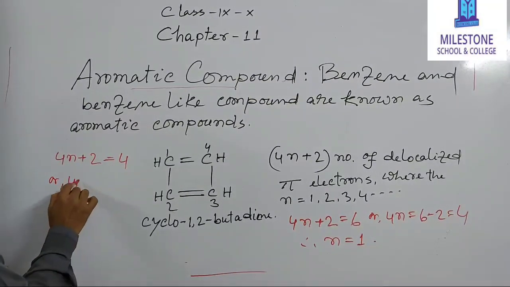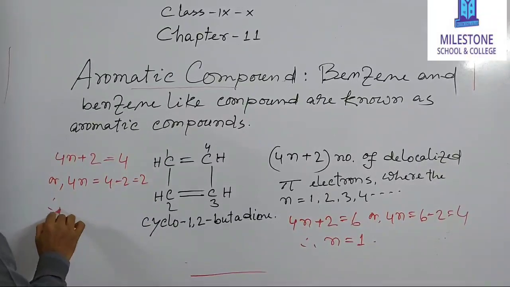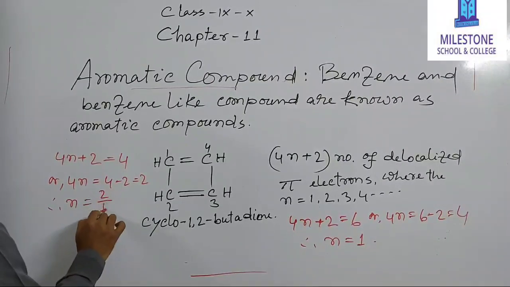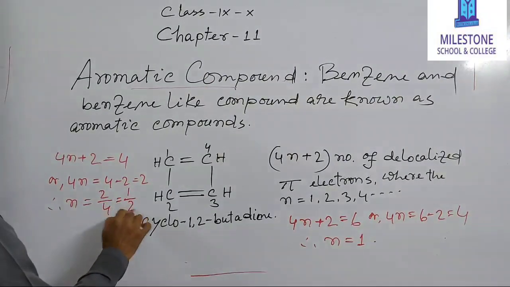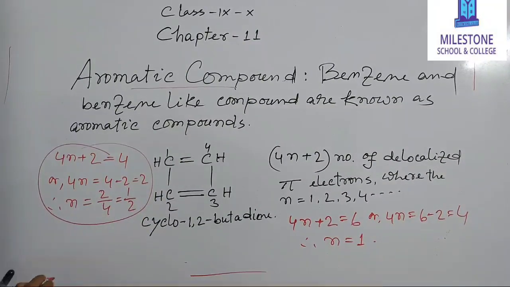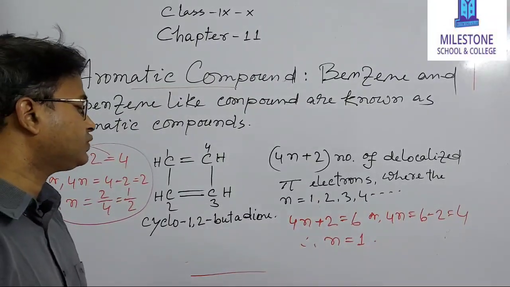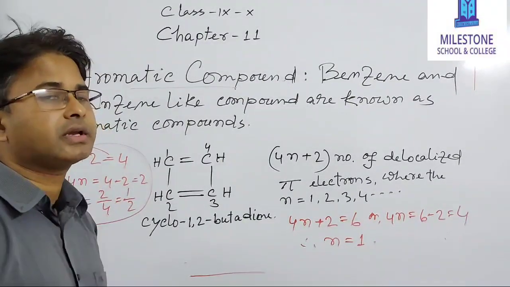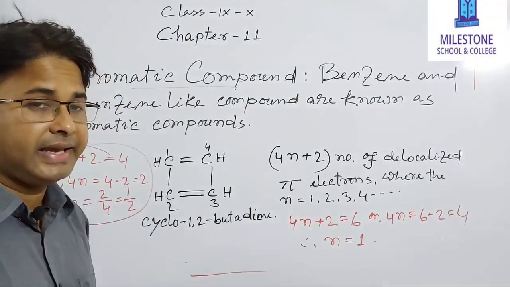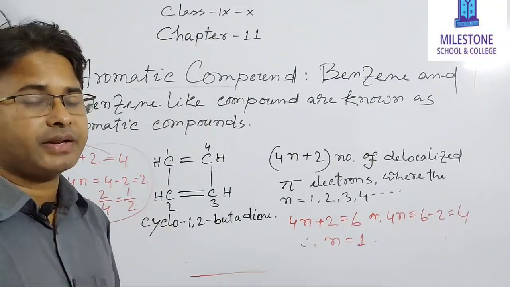So here 4n plus 2 is equal to 4, 4n is equal to 4 minus 2 is equal to 2. So n is equal to 2 by 4, I mean half, a fraction. As the value of n is not a whole number, that's why cyclobutadiene is not an aromatic compound. It is actually an aliphatic hydrocarbon or aliphatic organic compound.